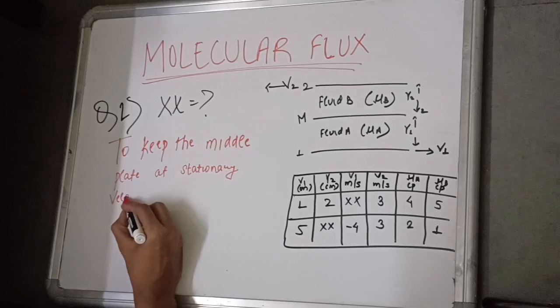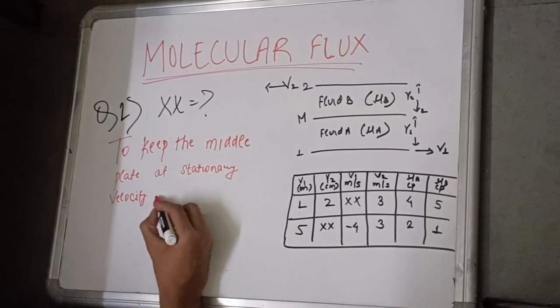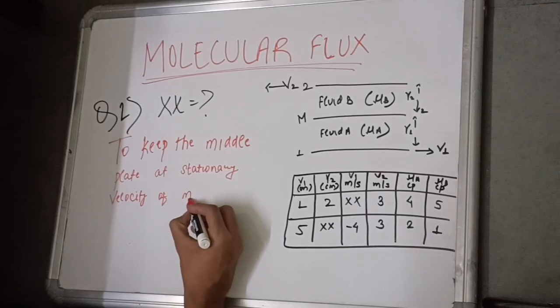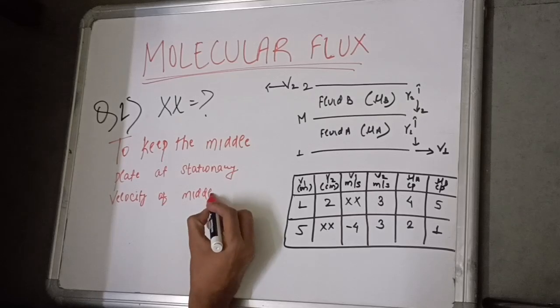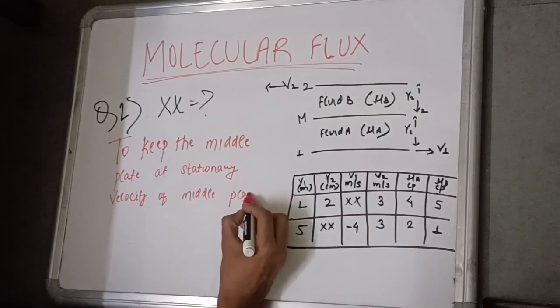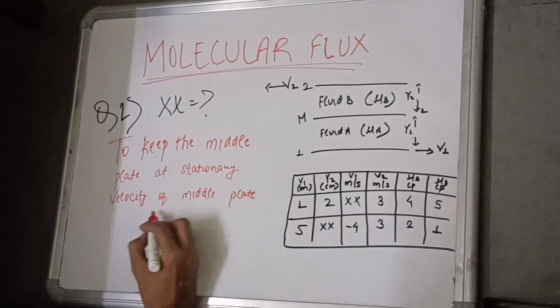the velocity of the middle plate should be 0.